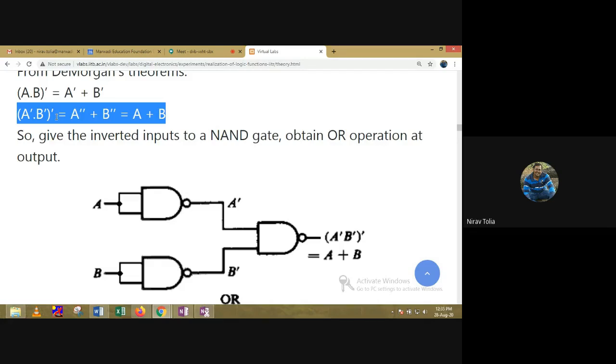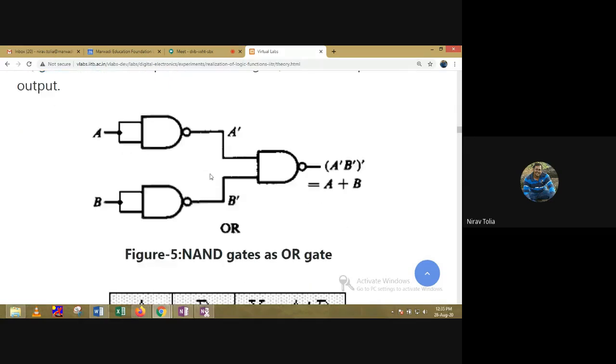Again the bars cancel out, so finally we have A plus B, and A plus B is the equation of the OR gate.